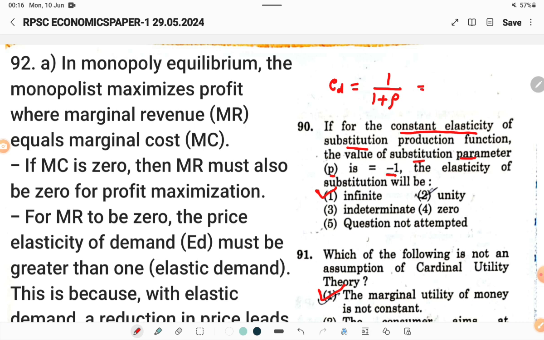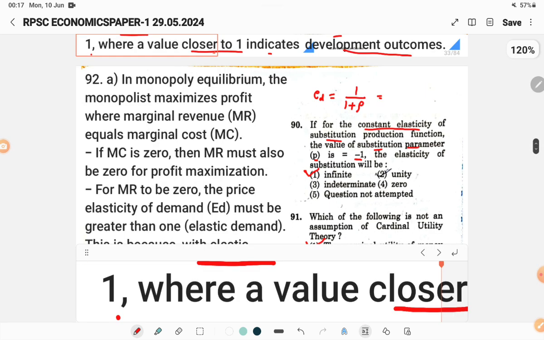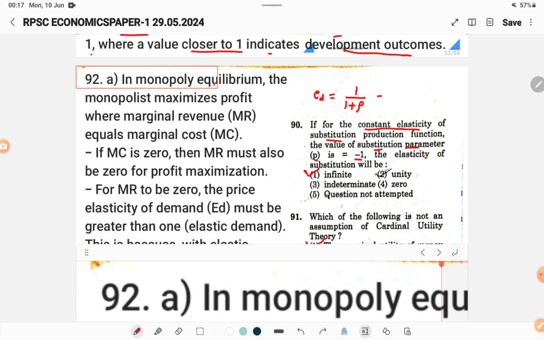So if we put the value of substitution parameter here, what happens?